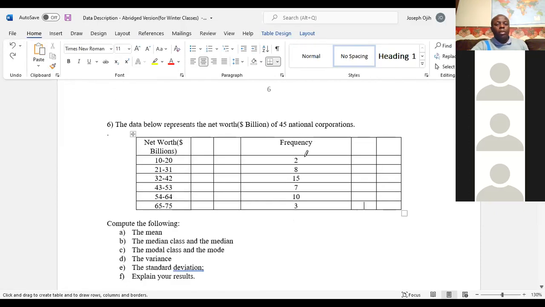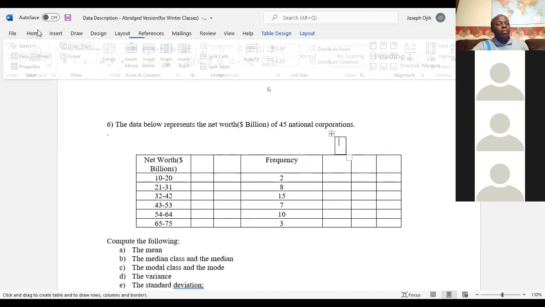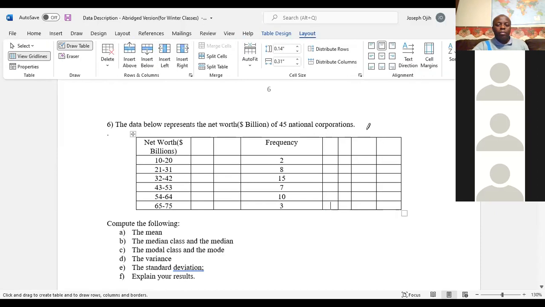Okay. So what we are doing, we are trying to make that table of values. I'm gonna make so many lines. Sometimes Word can have attitude just like Excel. One more that we need.